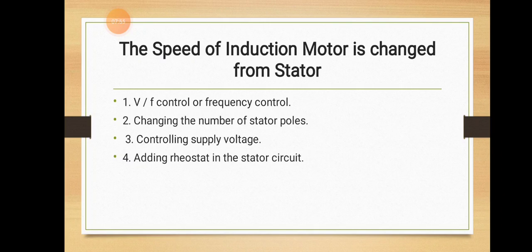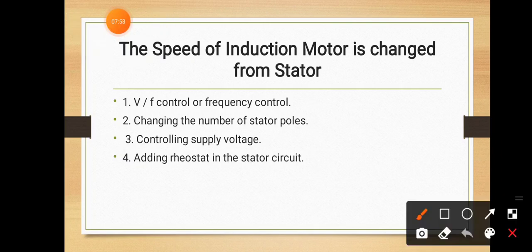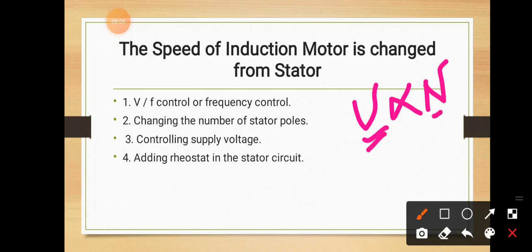Then the third one is controlling the supply voltage. Voltage is directly proportional to speed. So when I vary the voltage, the speed of the induction motor can be varied. For example, normally in your houses, sometimes your fan will run slow.